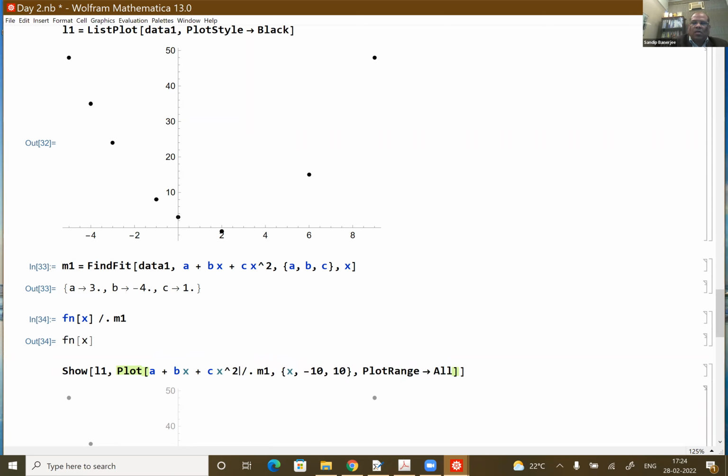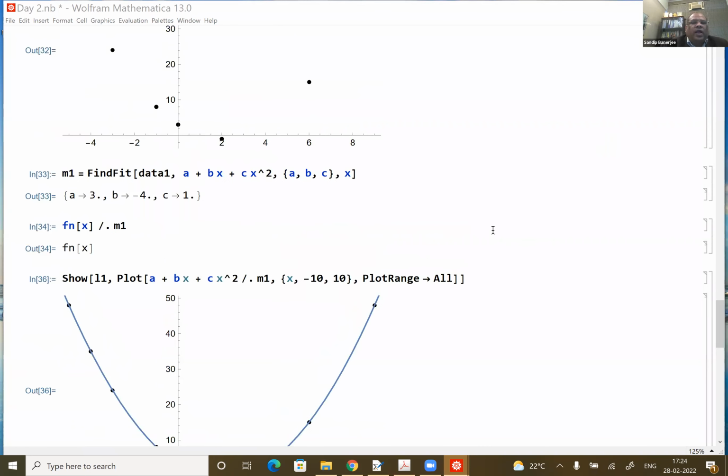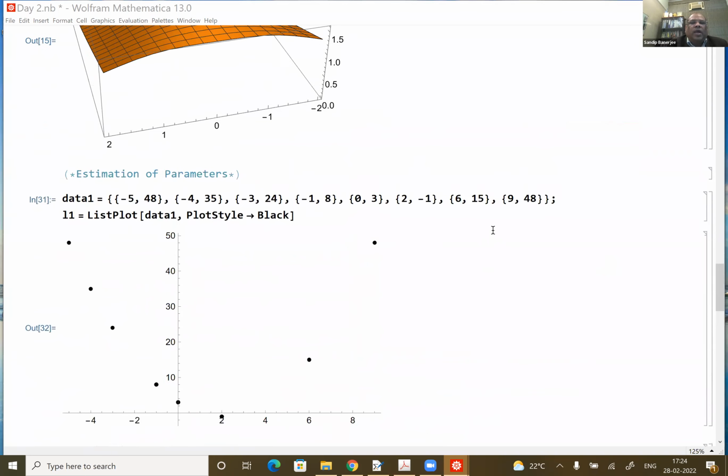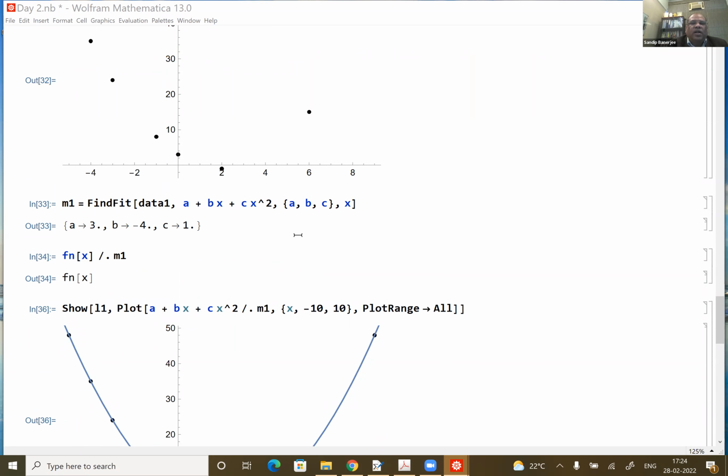Okay. So the syntax is very important here. So let me explain this one more time. You have this data, I have plotted this one. And since I can see that this is a parabolic type of thing, I have taken my curve to be a plus bx plus cx square, where a, b, c are the parameters.